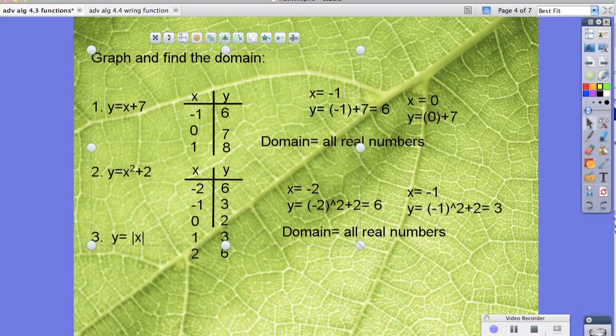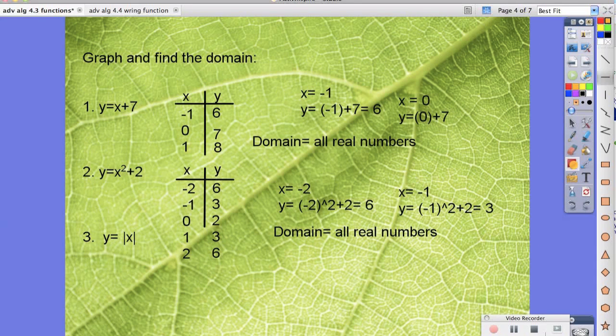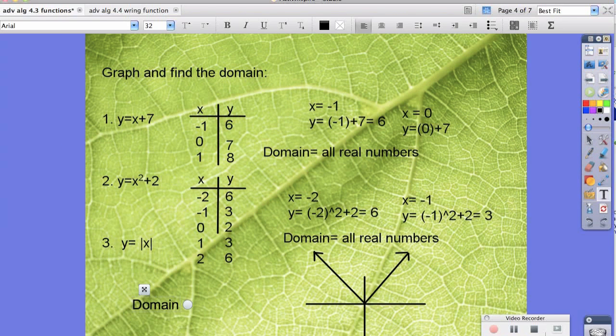When we do this type of graph, it actually turns out to look like a V. So our graph will be a V like so. And again, as this graph goes to the left and to the right, notice it's going to go on infinitely long. Therefore, the domain is also all real numbers.